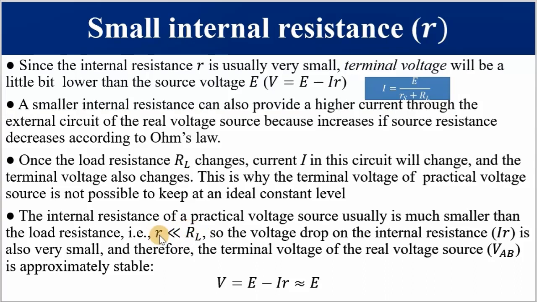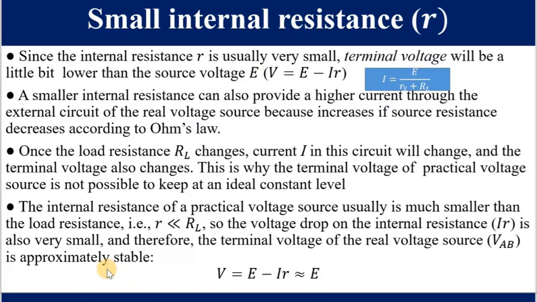Because r is far less than RL, the voltage drop across the internal resistance, Ir, is very small, and therefore we can say terminal voltage V is almost equal to the source voltage E, which is the EMF. You will see when we work out some examples that they are almost the same.